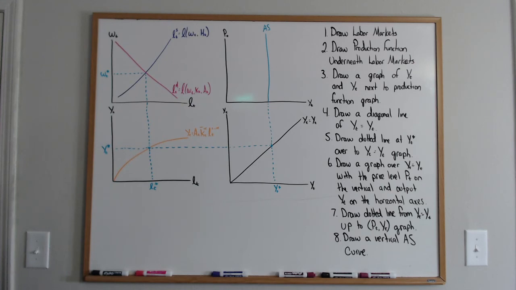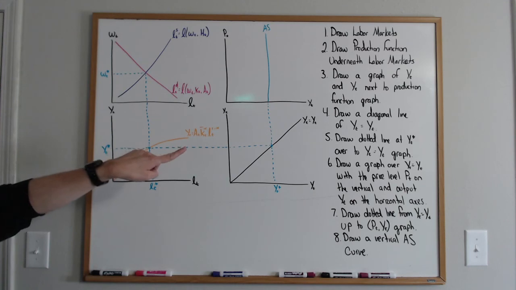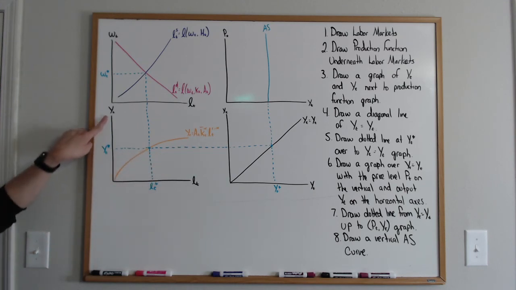And that means if L star gets supplied in the labor markets, then L star goes into the production function down here, yielding this level of production. If this is our level of production, what we really want is to have output on the horizontal axis rather than the vertical axis.